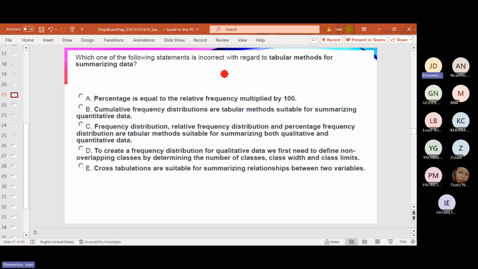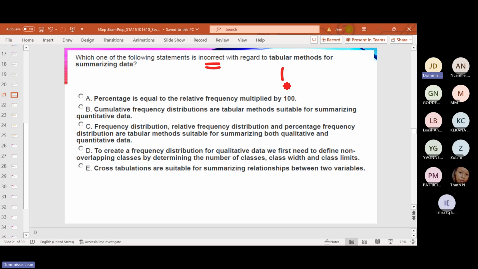Okay, so which of the following statements is again incorrect with regard to tabular methods for summarizing data? Okay, incorrect one. So the percentage is equal to the relative frequency multiplied by 100.